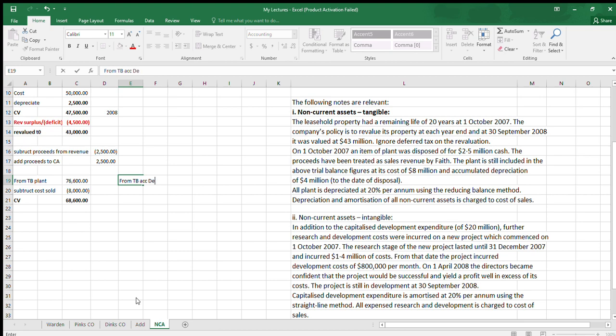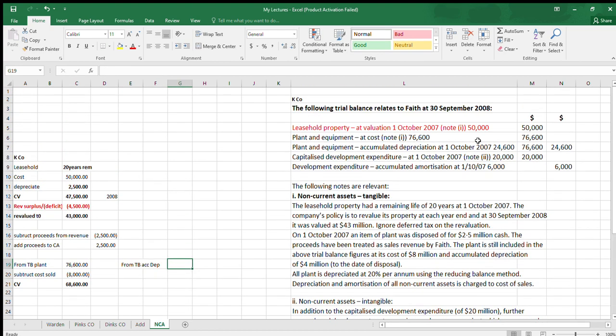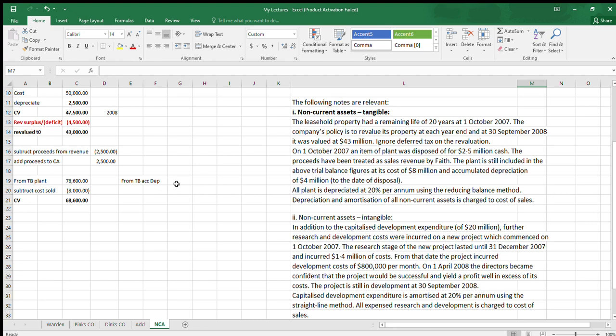Now we have from TB accumulated depreciation, we have the figure to be 24,600. And since it has been disposed of, the accumulated depreciation must also be taken off. So it was having an accumulated depreciation of 4 million to date.